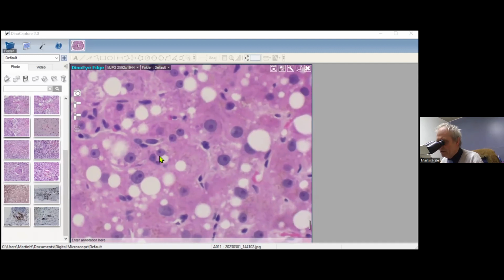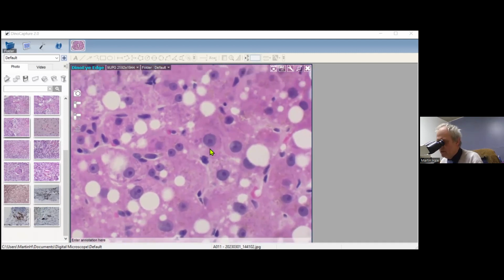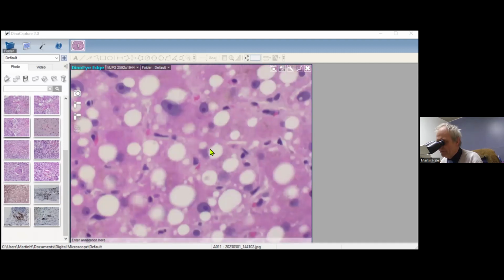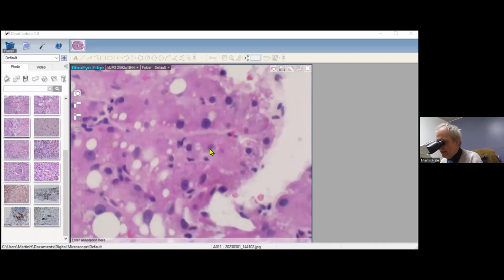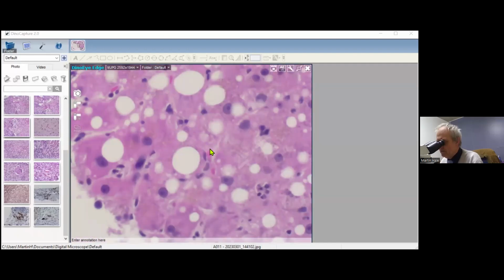And I think there is more ballooning here as well. So the question is, do you call this a few or many? And I think I would probably call the ballooning degeneration few.